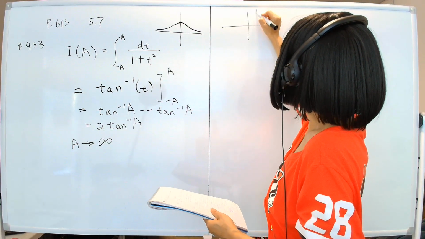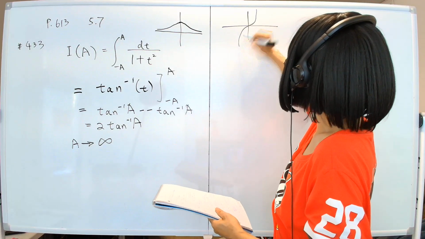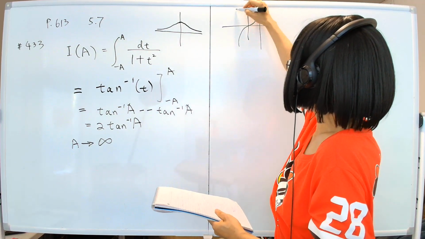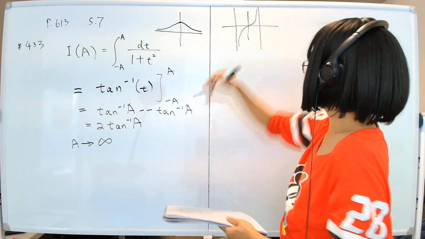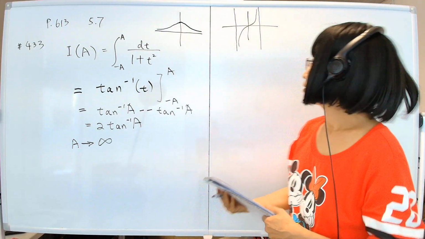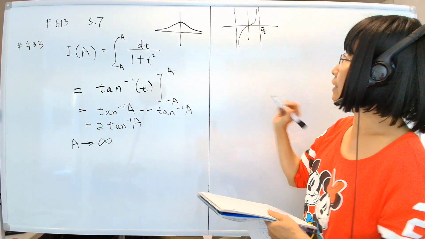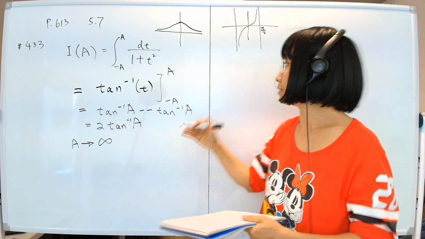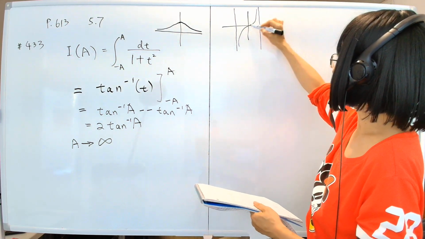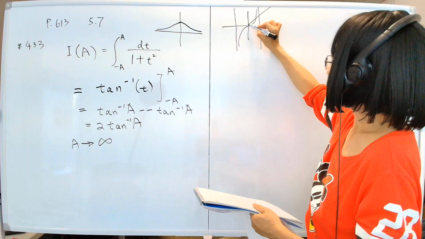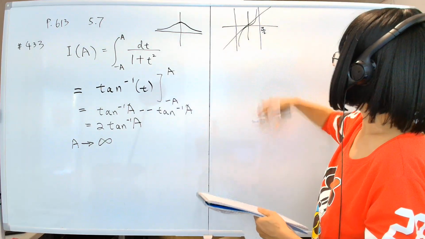So here's the regular tangent graph, where it has an asymptote at pi over 2. So this is pi over 2. This is the regular tangent graph. So the inverse tangent, you reflect this across the y equal to x line.